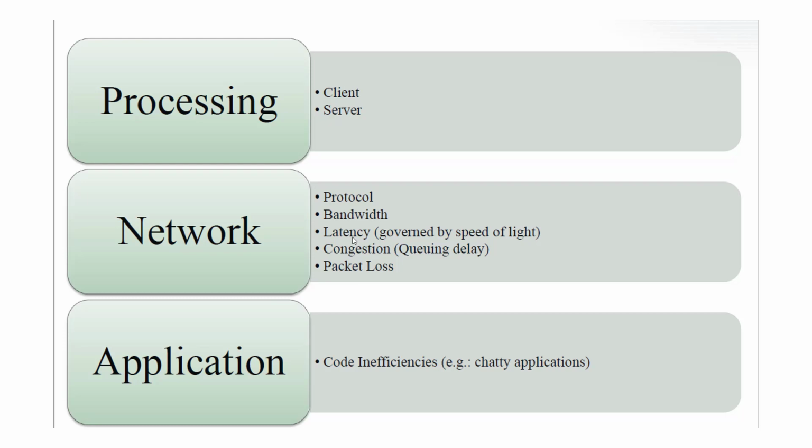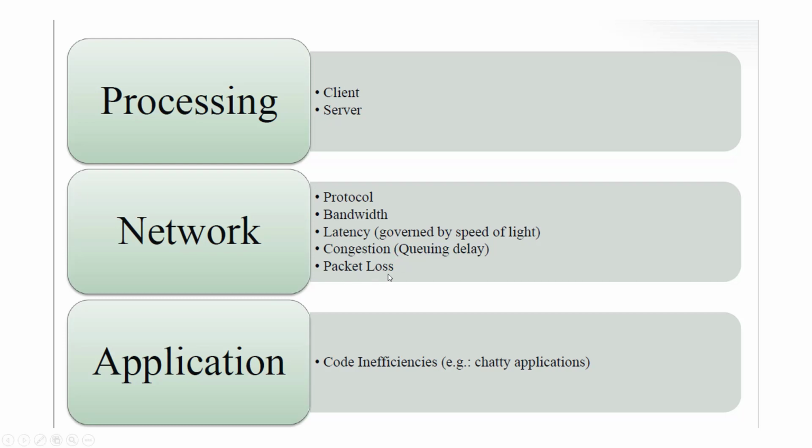It will be the time for 1 bit of a packet to go from the client to the server. This is why we are saying it is governed by the speed of the light. Congestion, also known as queuing delay, it could be related to intermediate devices like routers, firewalls, load balancers that can queue the packets before forwarding them to the destination.